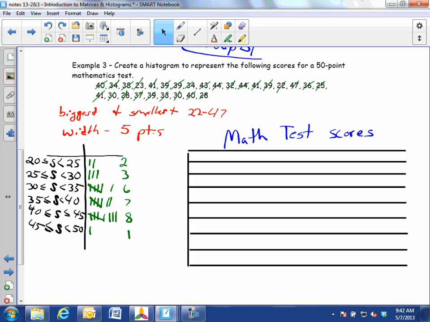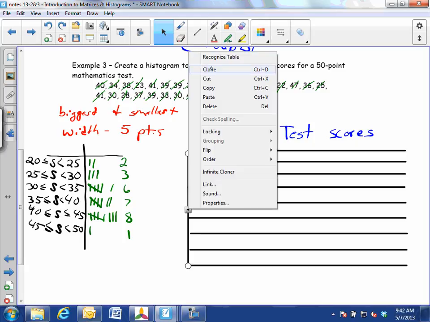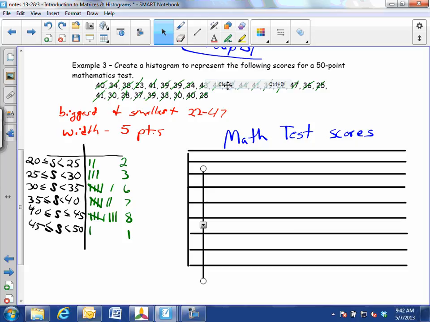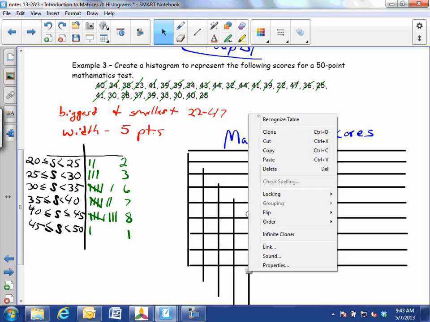How many intervals did we chop our data into? 6. 1, 2, 3, 4, 5, 6. So we're going to need 6 spaces, so we're going to need 7 lines.